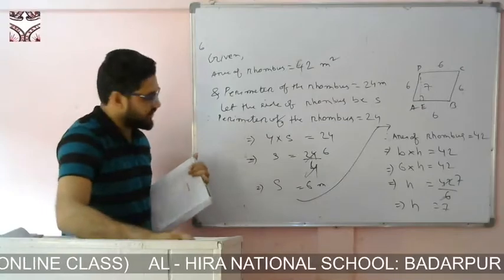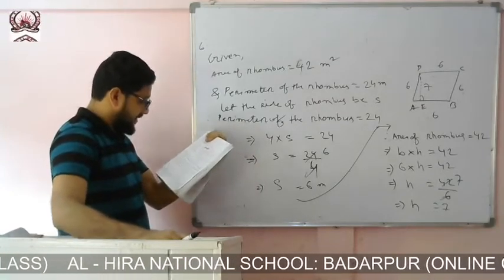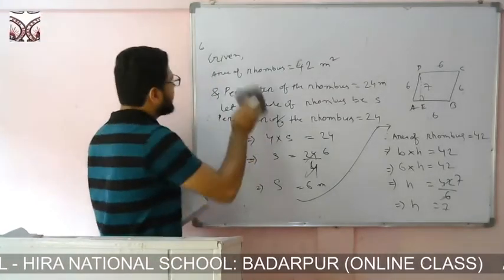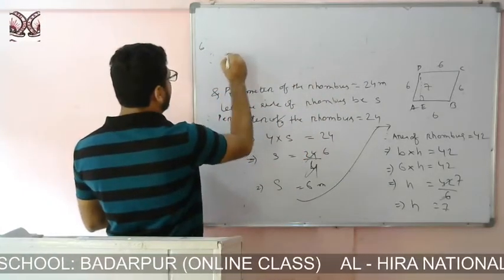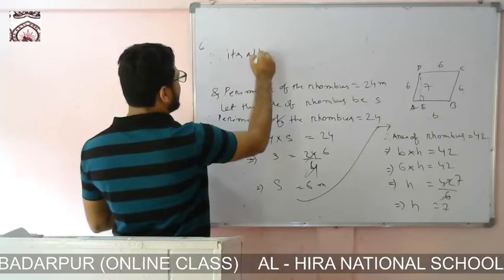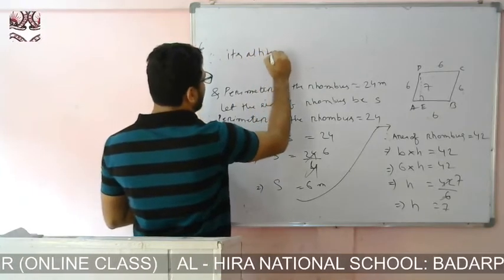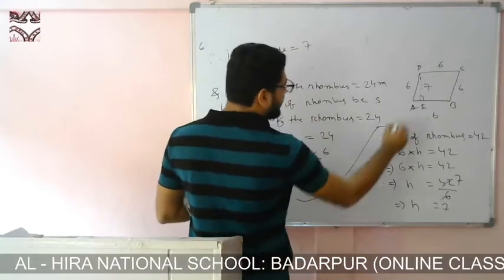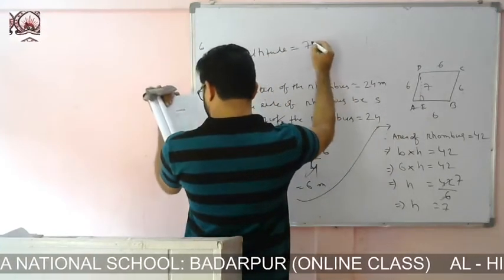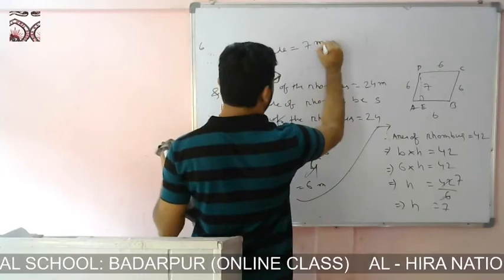After that you can write, find its altitude. Therefore its altitude equals 7, and the unit given is meter. 7 meter.